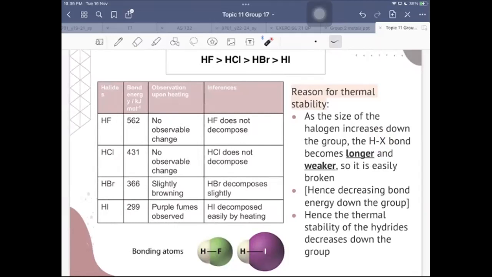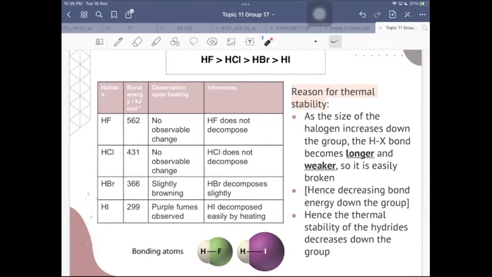Okay, so since iodine is bigger, that means the length between the nuclei is also bigger, right? So that's why you would imagine the bond length increasing. So longer bond means weaker bond, and therefore it is less stable to heat.